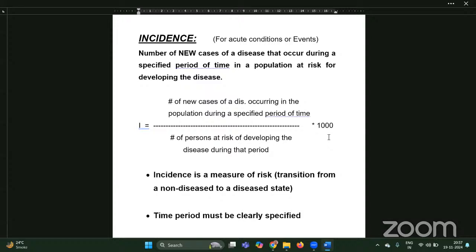So you find a particular risk factor, and age more than 18 years or more than 35 years for that matter, and you screen them every month, or maybe every 3 months, then you may be able to find out incidence. But prevalence may not be difficult because at a particular point of time, you screen 10,000 or 50,000 people and find out point prevalence.